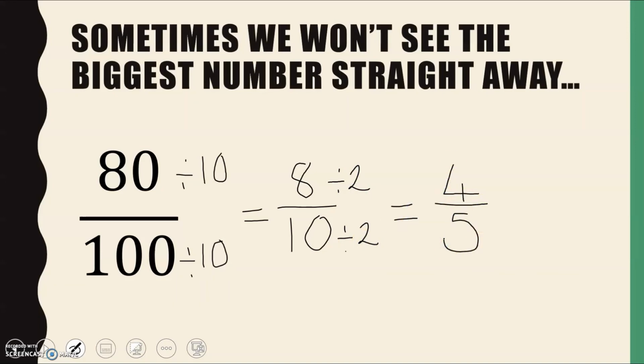Now 4/5, 4 and 5 are not in the same times table, so I know that I've fully simplified here. So it's always important to check once you get an answer, like we did our 8/10, can we make it any smaller? In this case, yes we could, to 4/5. So really important, always check, have you fully simplified your fraction?